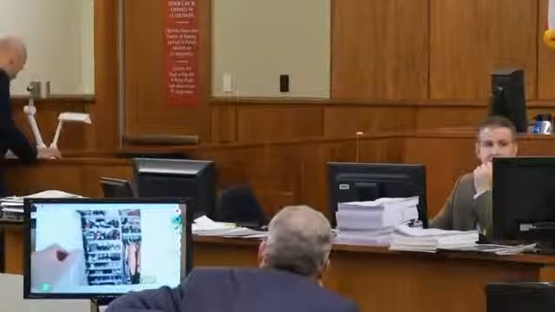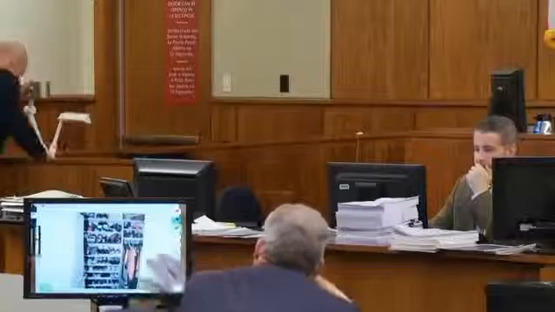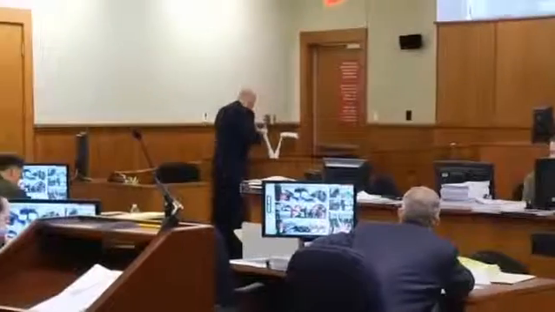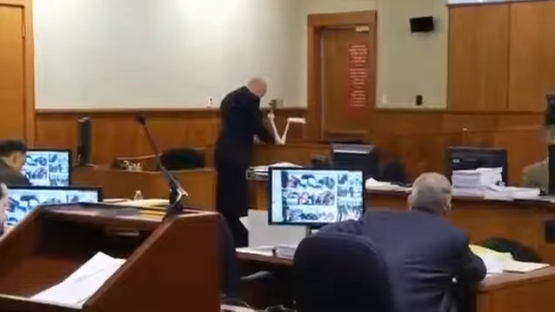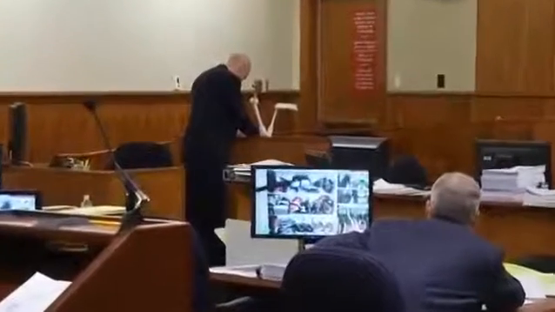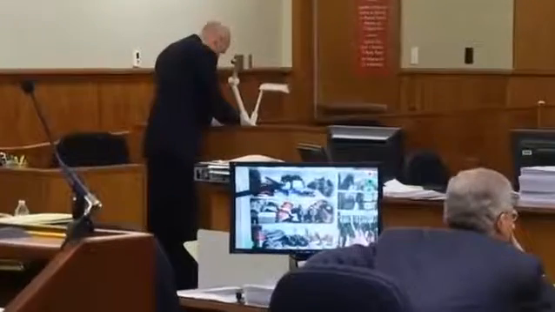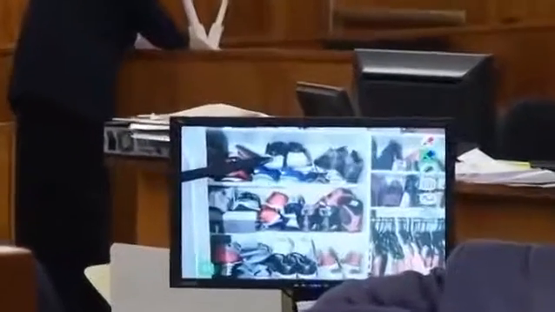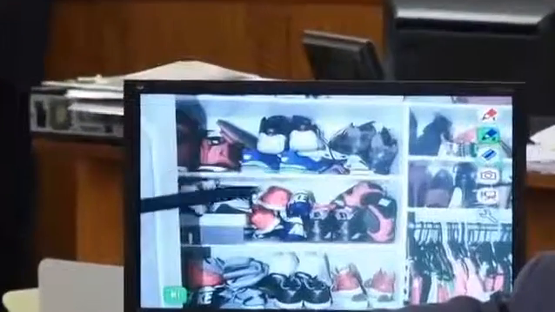So I'm placing 232 on the overhead. Just directing your attention to these shoes. Do you recognize this type of shoe, sir? Yes. What do you recognize that to be? Air Jordan Retro 11s. And right next to it?